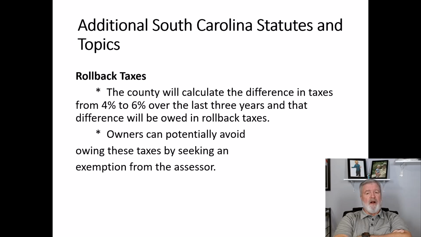It does not matter how long the current owner owned the property. Whoever changed the use of the property is going to have to pay 3 years of rollback taxes. You better make sure your buyer knows that, and they better take that into account when they're negotiating sales price and whatnot.